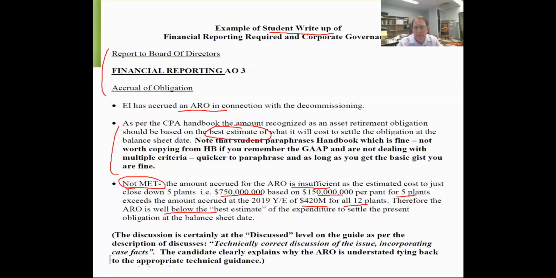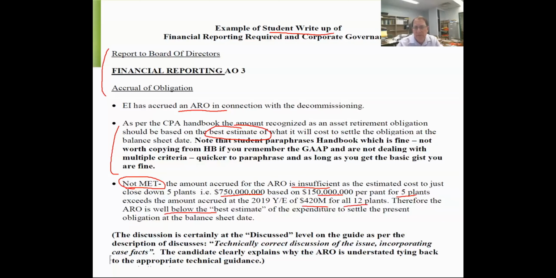Total obligation. Again, this is not the only way to do it, people. There are other ways. Total obligation would be accrued for all 12 plants as follows. Let's see. 5 are 750. Plus you have to add another 245. So where are we getting 245 from?